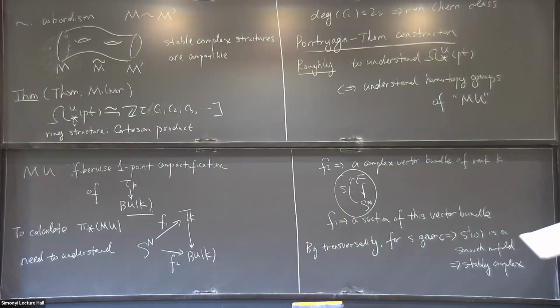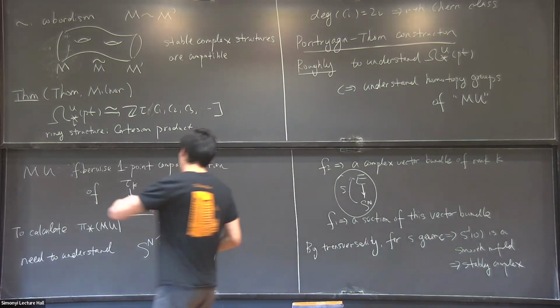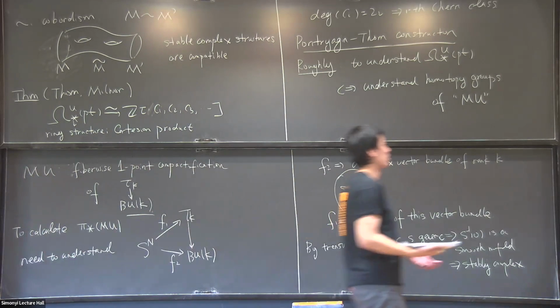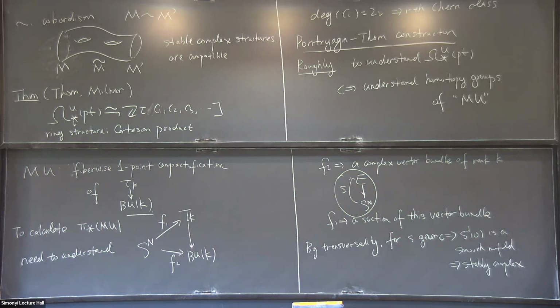Now let's say we have an equivariant map from some kind of sphere with a G action, and we can just repeat the diagram there. This still gives us such a triple.